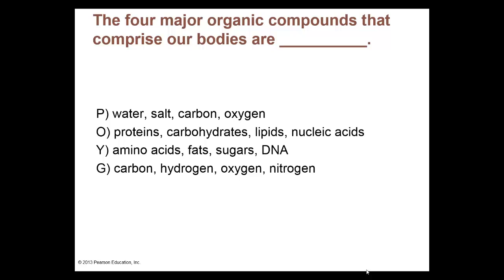Carbon-based. It is orange. I saw lots of greens out there because everyone's like, but they're the four elements that make up our body. The four major organic compounds that comprise our body: protein, carbohydrates, lipids, and nucleic acid. Because does hydrogen have carbon in it? No, and oxygen doesn't either, and nitrogen, they're their own elements. Tricky.